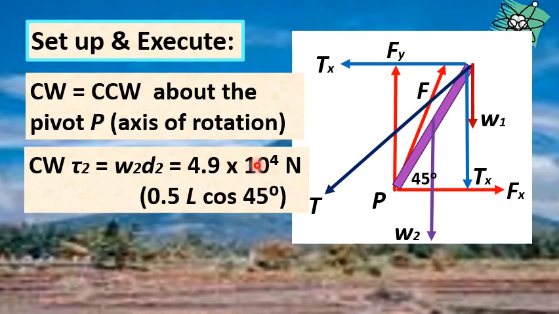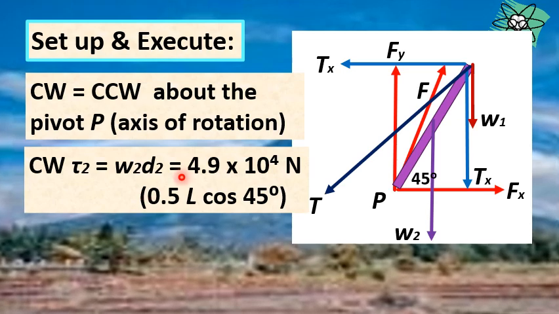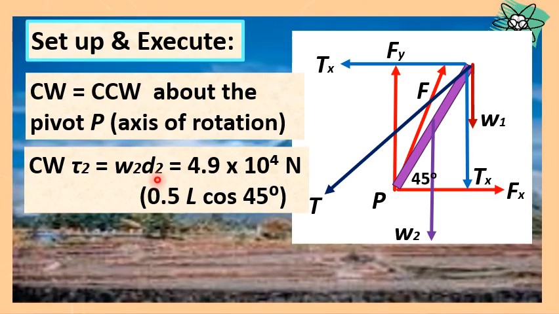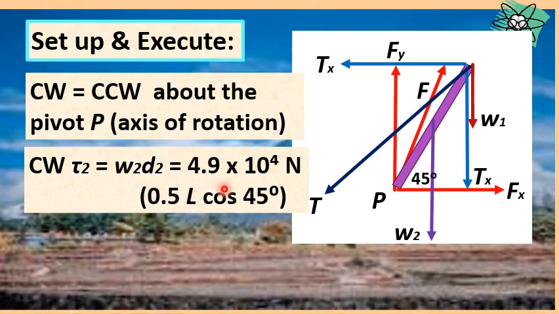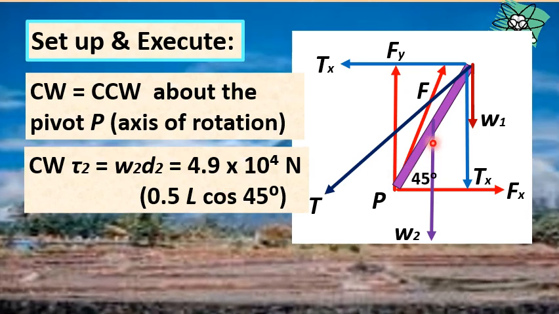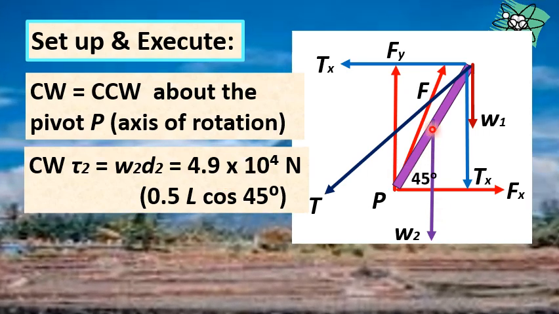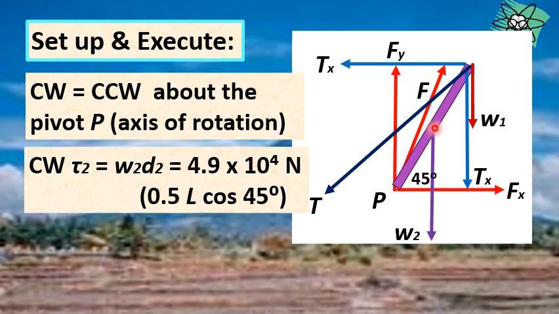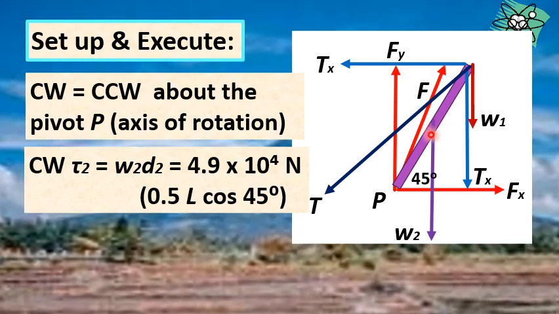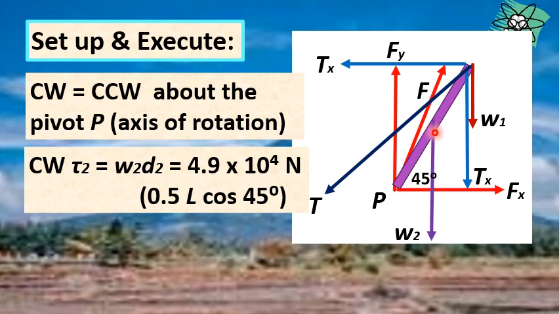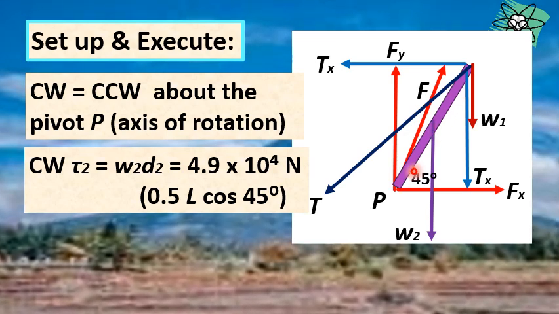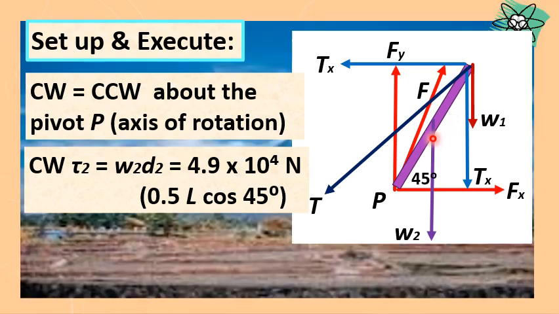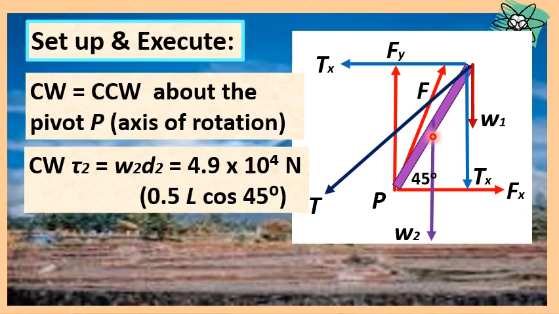That's the weight of the strut, and its corresponding moment arm denoted by d sub 2. So in our diagram, the line of action of the weight of the strut, which passes through its center of gravity exactly at the midpoint of the length of the strut, there it is.